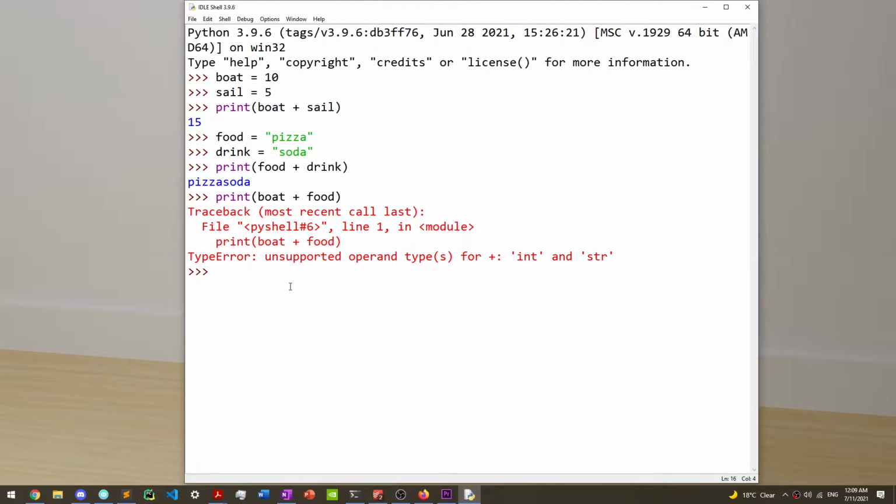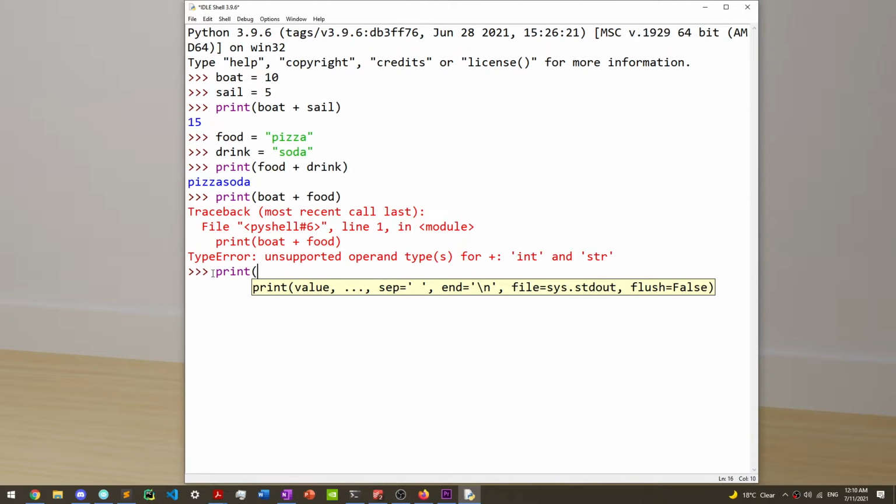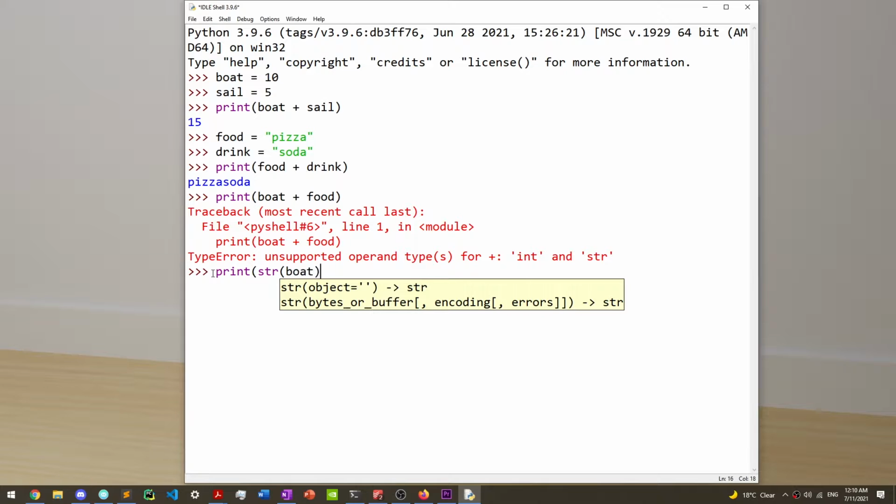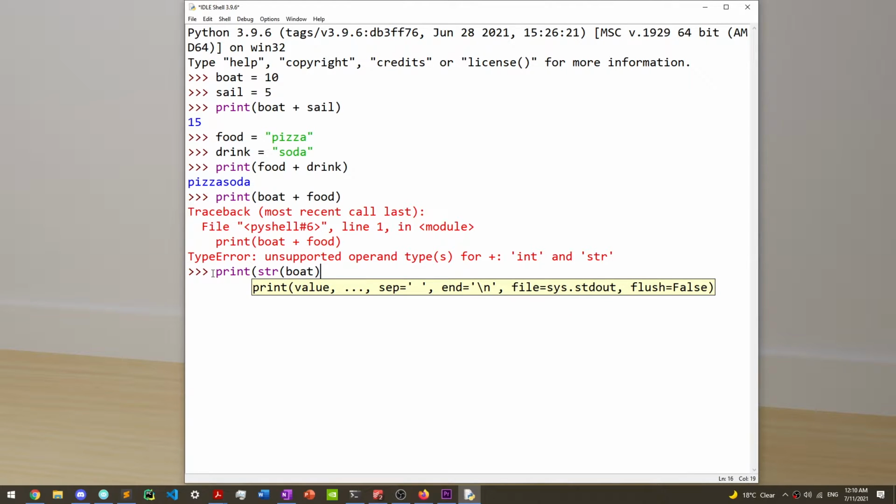So what we have to do is we actually need to convert one of them into the same type. And while we can't convert a string into a number, we can convert a number into a string. Right? This 10 can become "10" like that. So that's the same thing. And so the way we're going to do that is we can just say str of boat, that converts the number into a string, and then plus food this time.